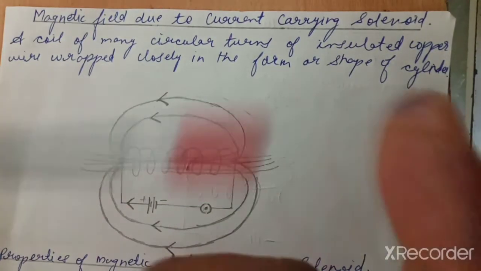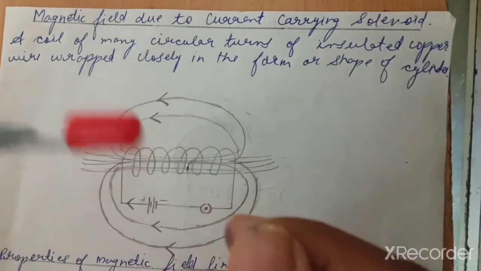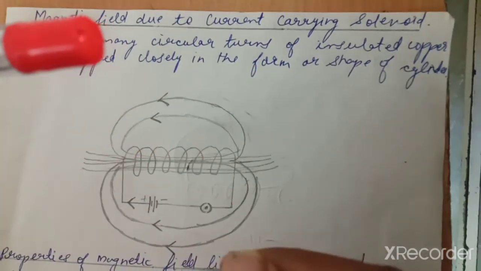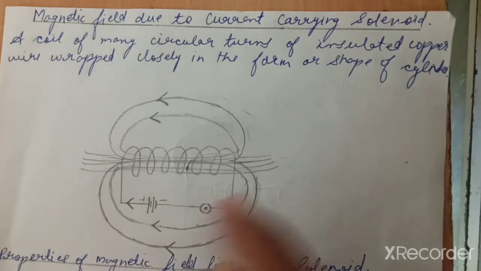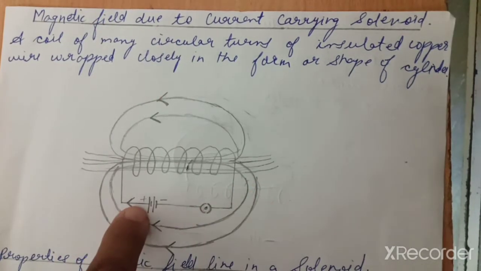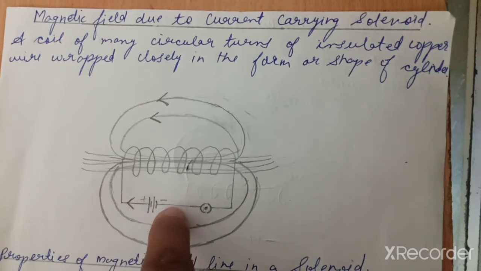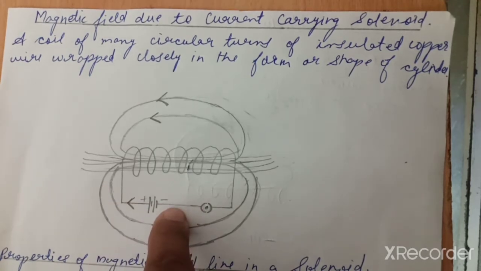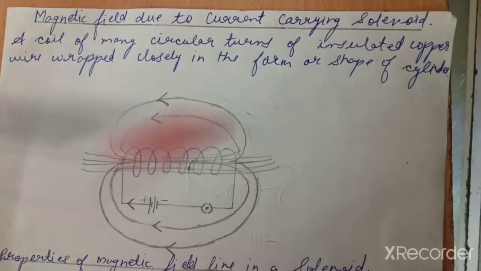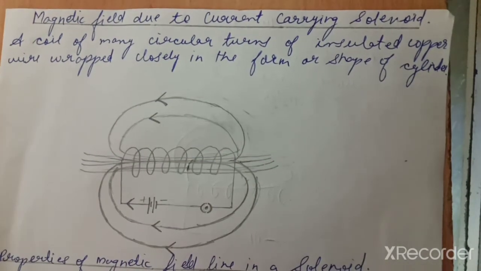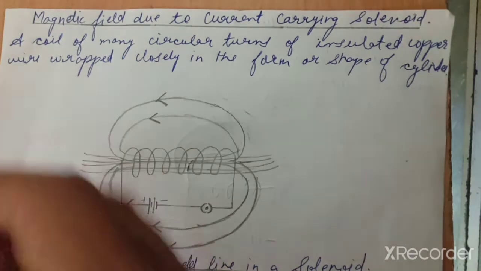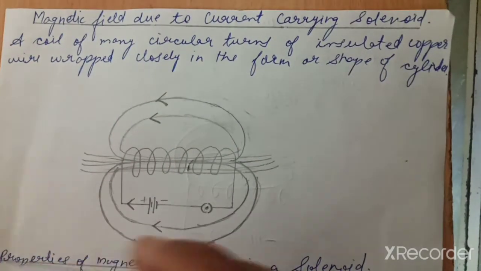After winding, you will see that there are two terminals, two ends of the wire. These ends are connected to the positive terminal and the negative terminal of the battery. So we have taken a cylindrical tube, which must be of insulated material, and on that we are winding the copper wire.